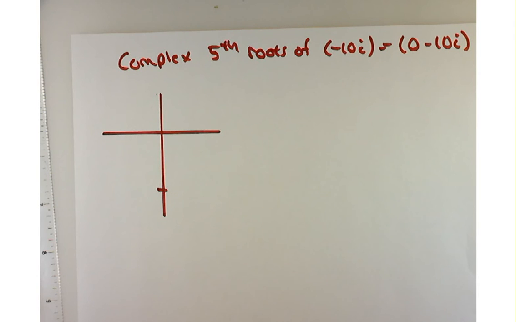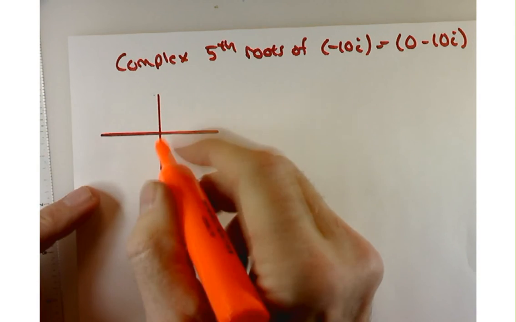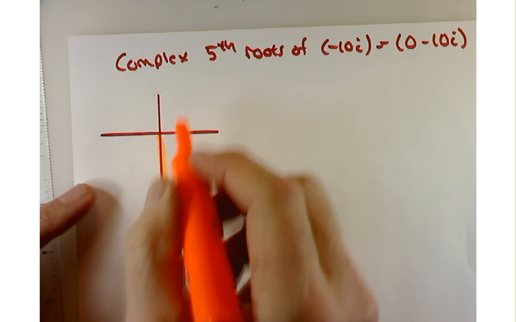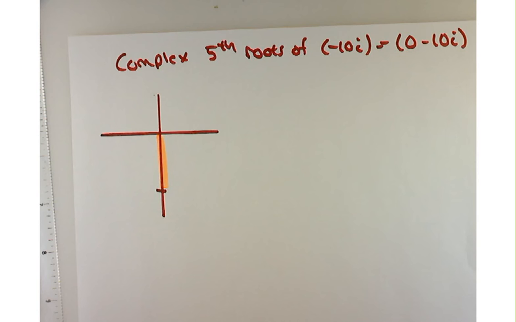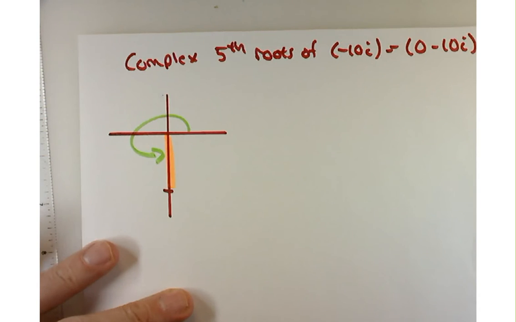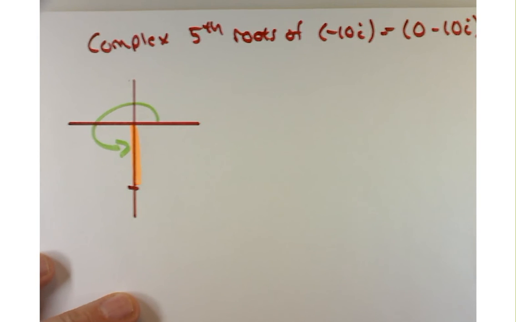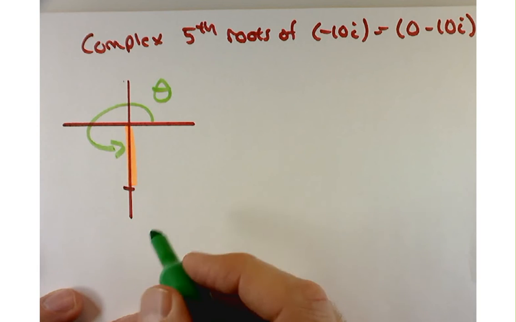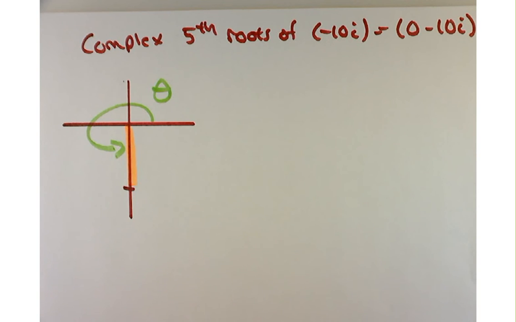I need to know two things. I need to know the radius, which is this, and I need to know the angle, which is this. Both of these are things that should not require any calculation. And let's put theta in radians.